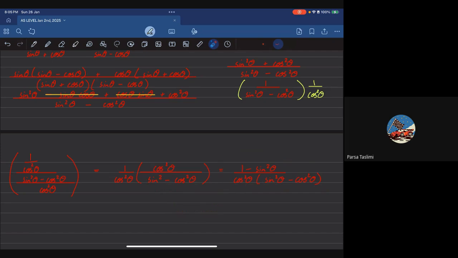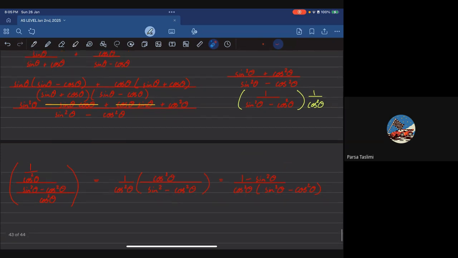Okay. What has happened so far is that I've multiplied it with 1 over cos square theta because I need cos square theta in my denominator and my sine square theta in my numerator, right?